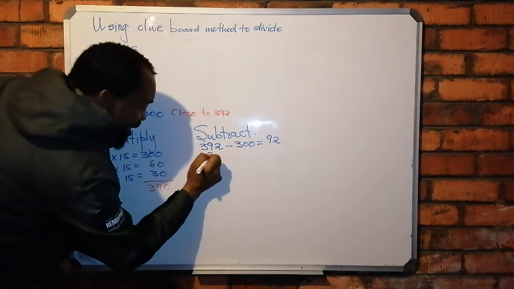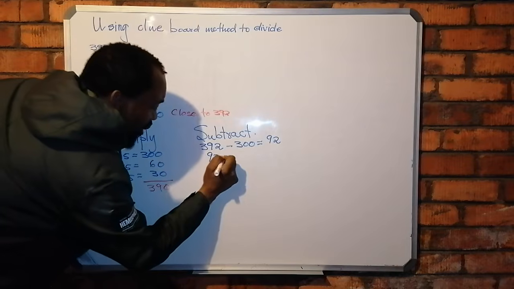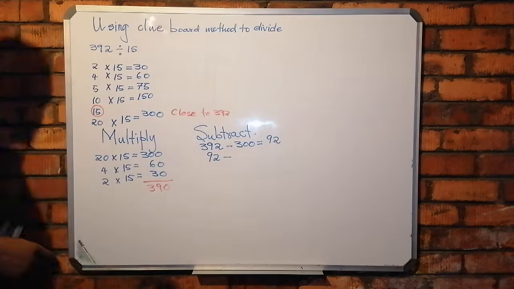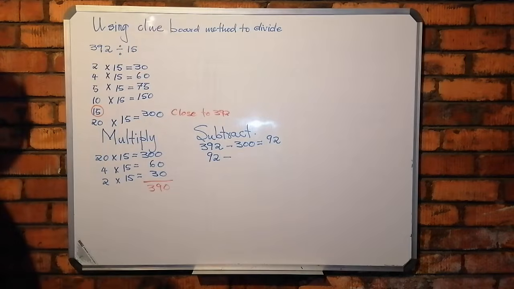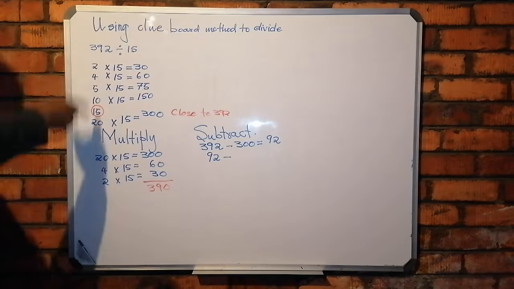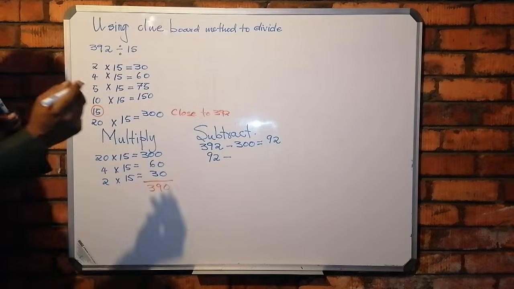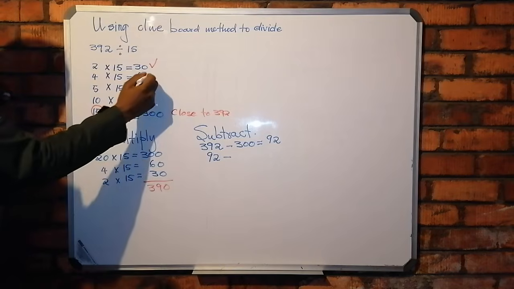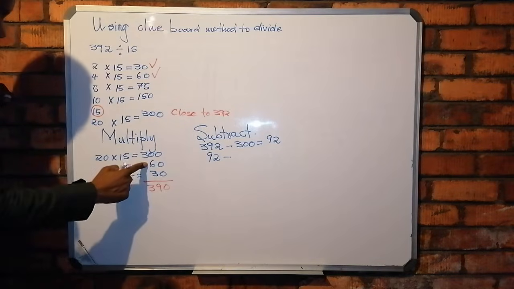Then I take the 92 now. Which 92? This one. I go there. I check. Who is it that we haven't used? Remember, mummies, we have used this one there. We have used this one there.